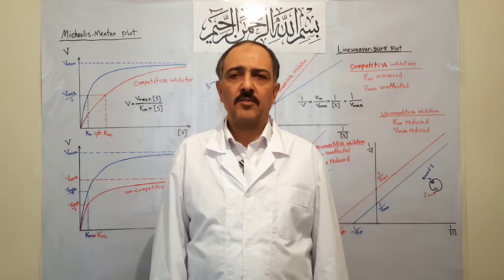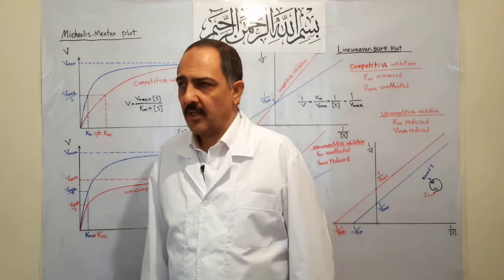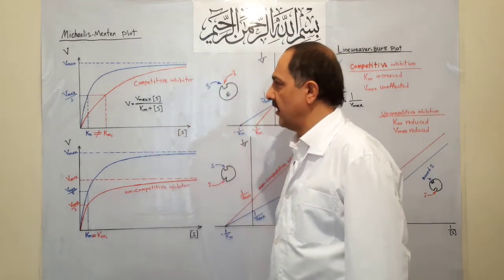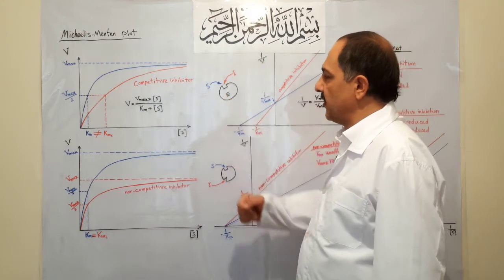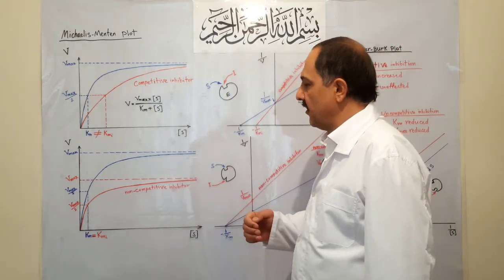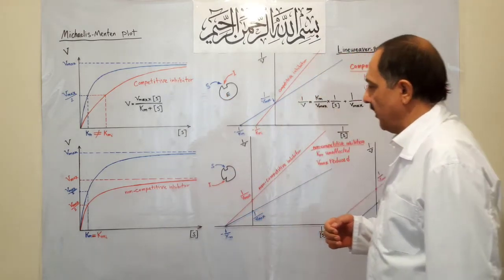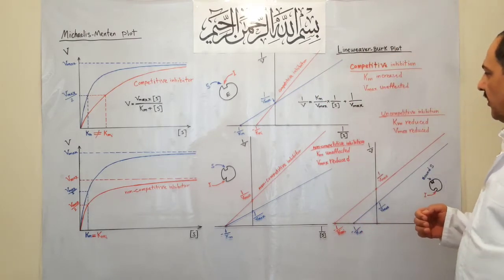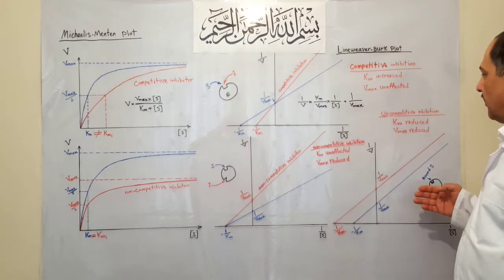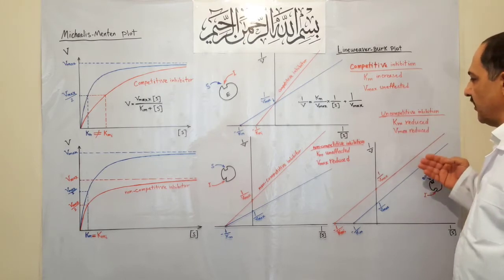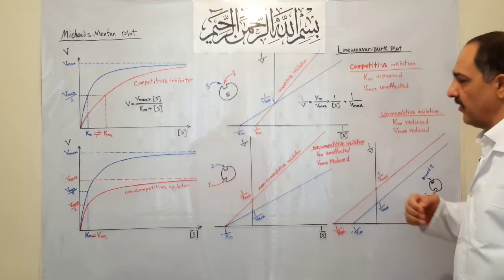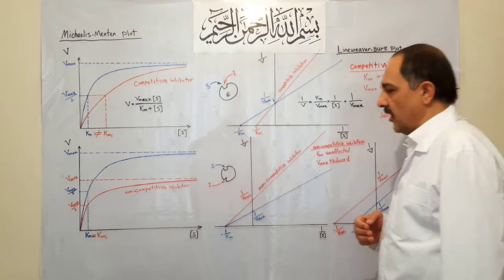There are two major types of reversible inhibition: competitive inhibition and non-competitive inhibition. There is also another inhibition which is called an uncompetitive inhibition, which is a specific type of non-competitive inhibition.